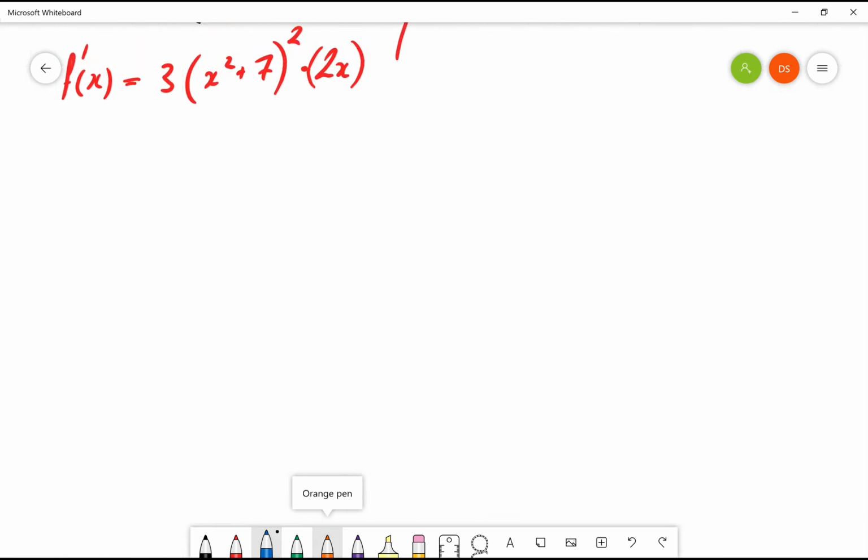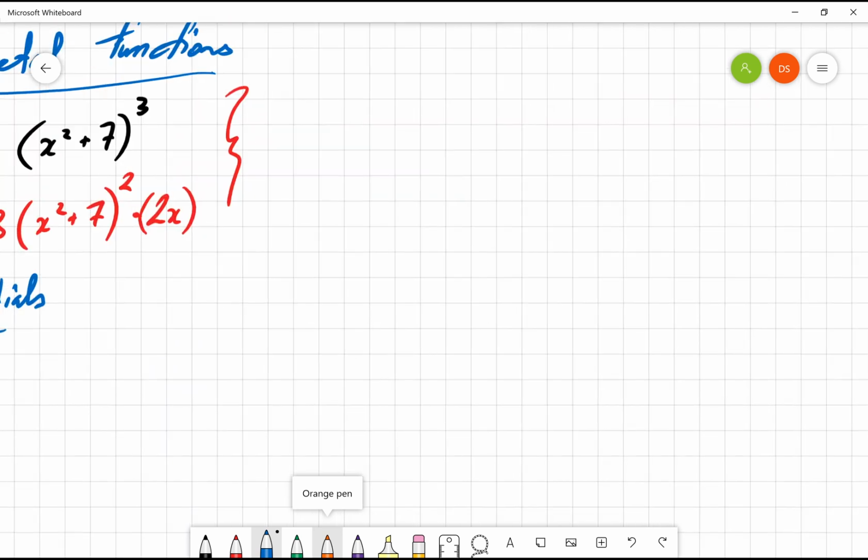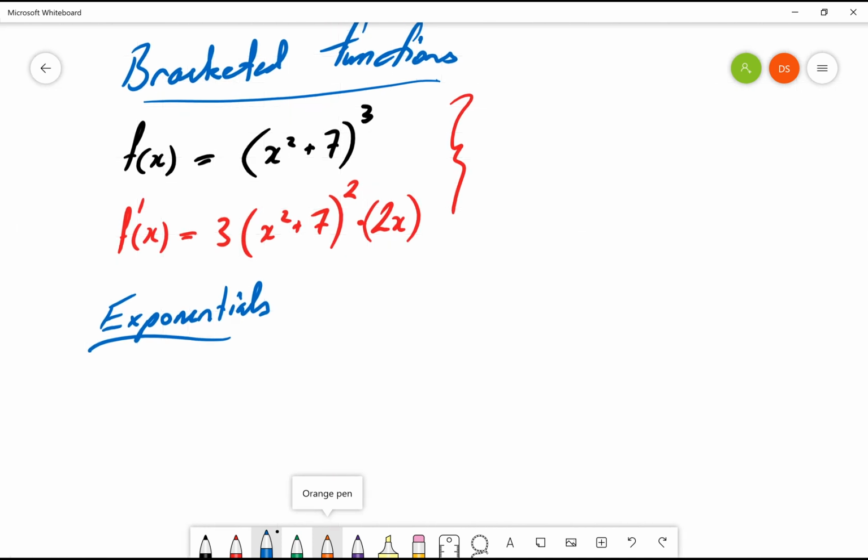Okay. I'm going to start with exponentials. And I just want to add, the thing we learnt in bracketed functions is this part here.